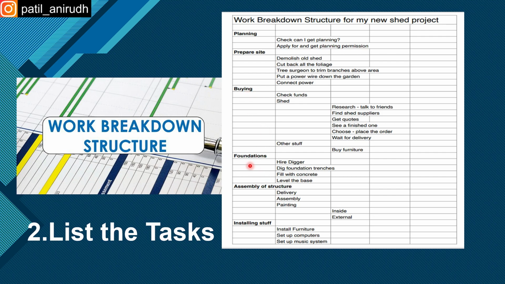Then foundations, like are you going to have high LED lights, or resources which are high budget. Then assembling is putting everything together in that room. And then installing stuff like Wi-Fi, decorative lamps, curtains, sofa. So these are the list of tasks.